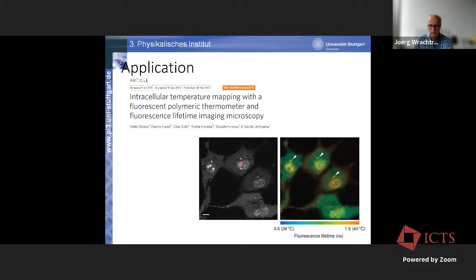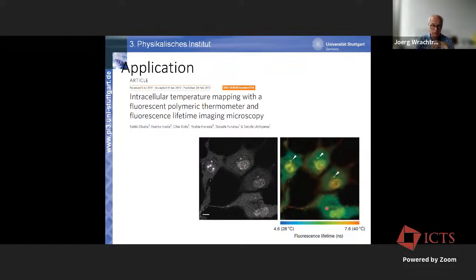So these are actually biological cells, and this is a thermal map. This is a scale. They were measuring, and you see at some parts you measure between 35 degrees Celsius and 40 degrees Celsius, whereas at other parts you are measuring more like 30 degrees Celsius. So from that, they were concluding that there are huge temperature gradients in cells.